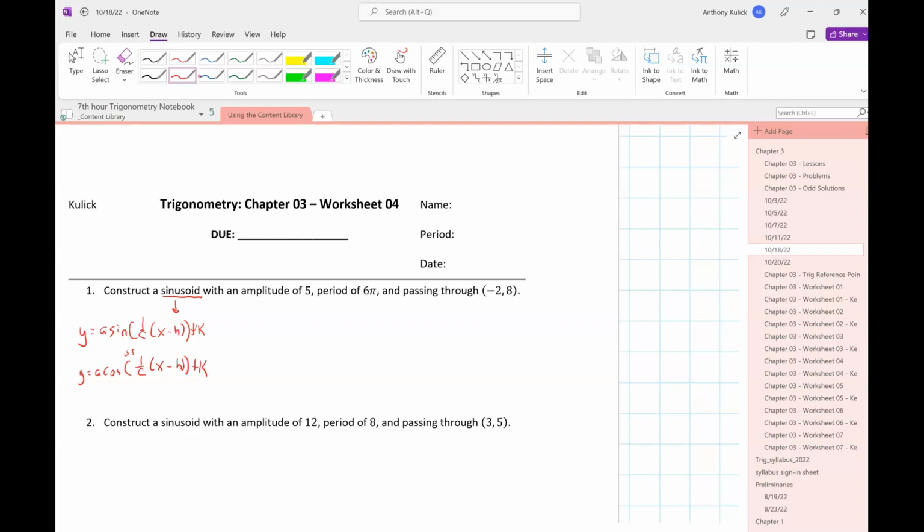So what this problem really boils down to is we have to figure out the values for A, C, H, and K in order to write the sinusoid. Okay? So let's look at the information that's given. It says an amplitude of 5. Remember, the amplitude is related to which of these coefficients, A, C, H, and K?